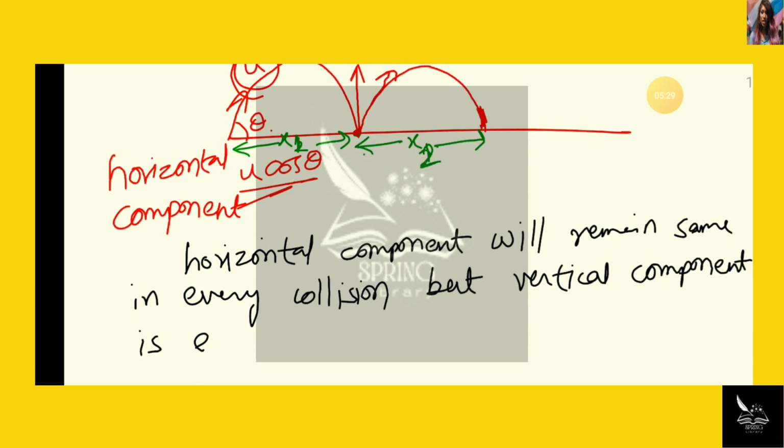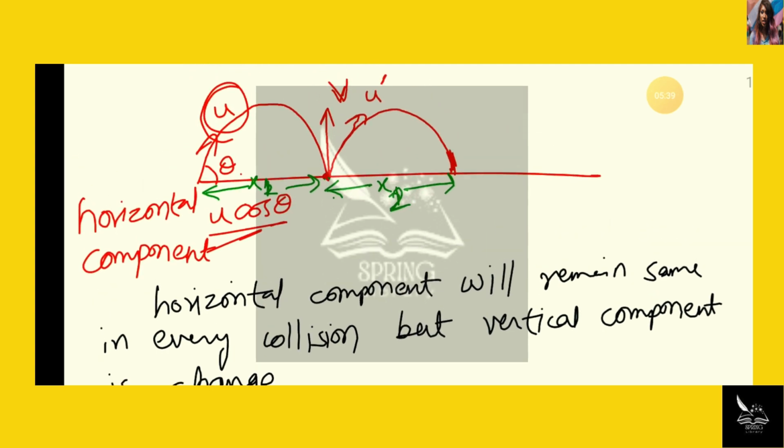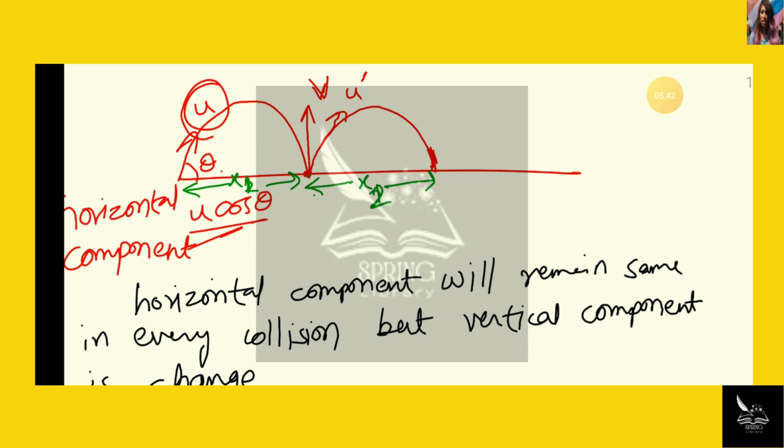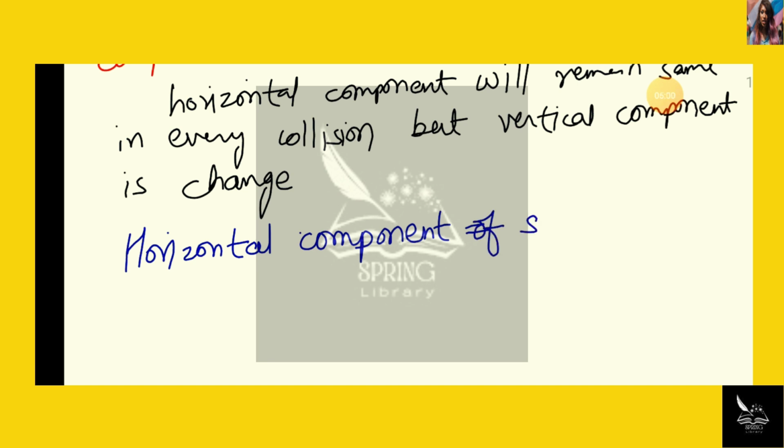My next step is to find the speed for the second collision. For finding this speed u dash, we require the horizontal and vertical components. The horizontal component of speed u dash, as already written above, is always the same, equal to u cos theta.